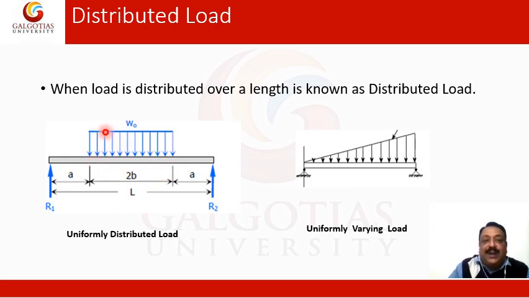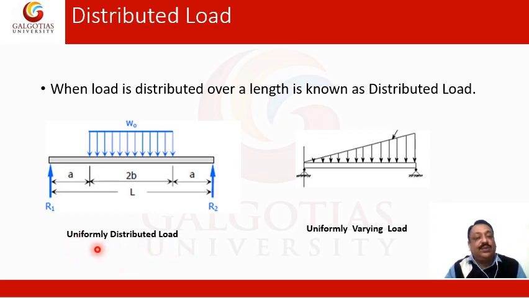But the magnitude of all these force vectors is constant, and that is W naught, and hence it is a uniformly distributed load. Uniform because the magnitude of the load is uniform and constant at W naught. Distributed because it is distributed over a span of 2b meters of the beam. So it is a uniformly distributed load.